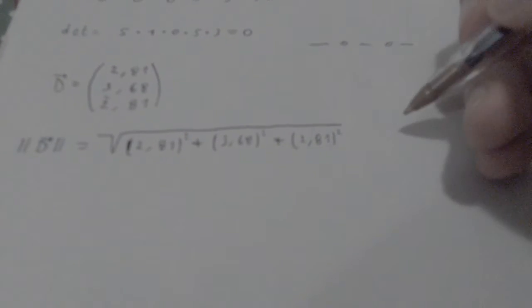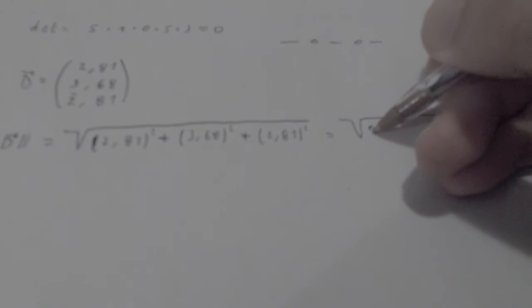You write the norm like this, with two bars, like the absolute value but double. The norm of a vector is basically the square root of all the elements of the vector raised to the power of 2. So you have 2.81 raised to the power of 2 plus 3.68 raised to the power of 2 plus 2.81 raised to the power of 2.